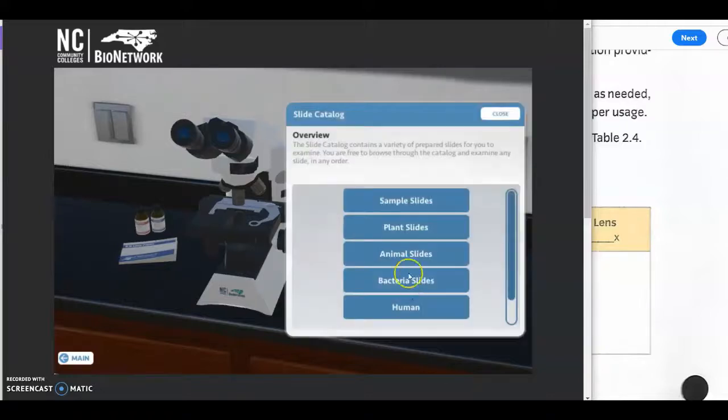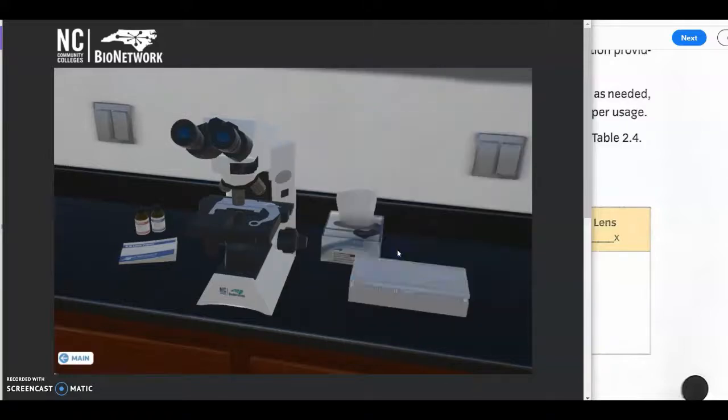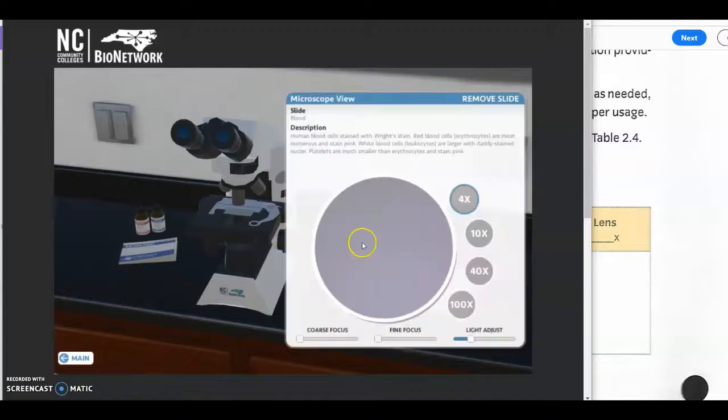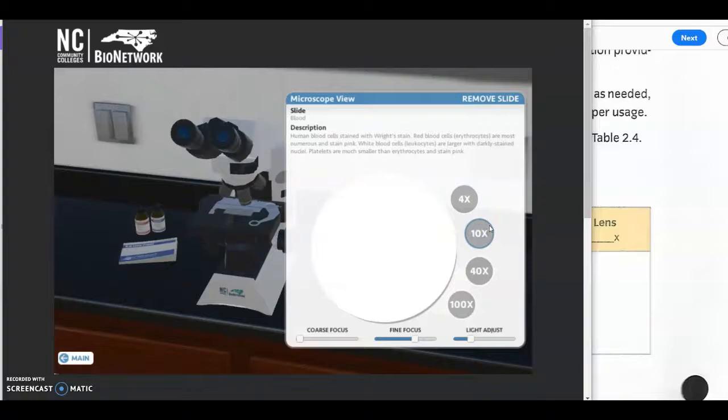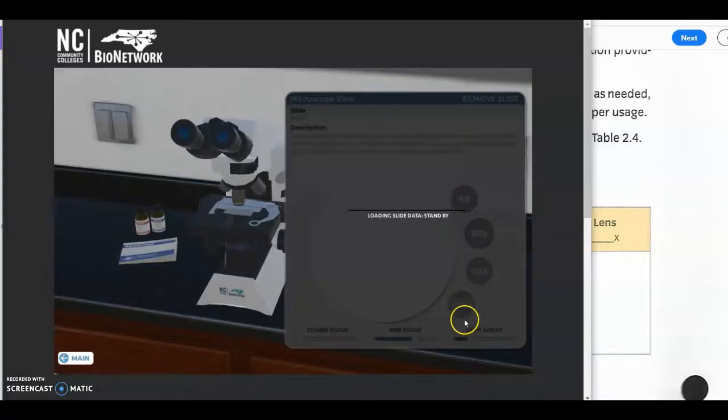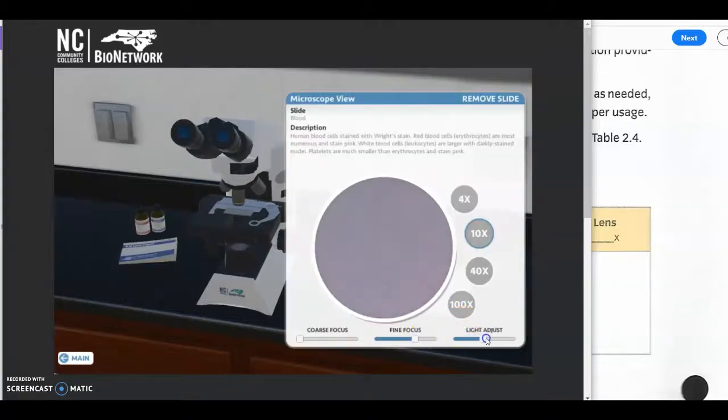We're going to pick a human blood slide, and we're going to start looking at it at what's called scanning magnification, basically just to find, okay, you see faint little cells. So low power magnification, here you go.